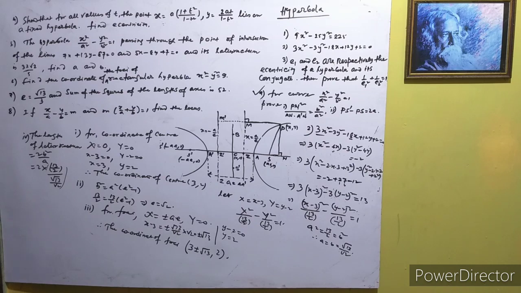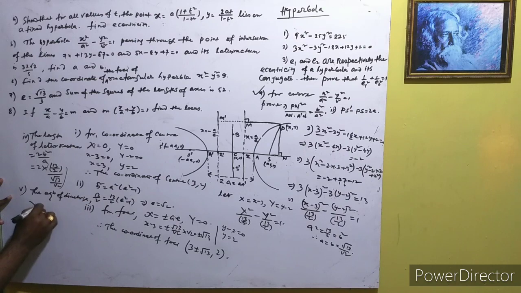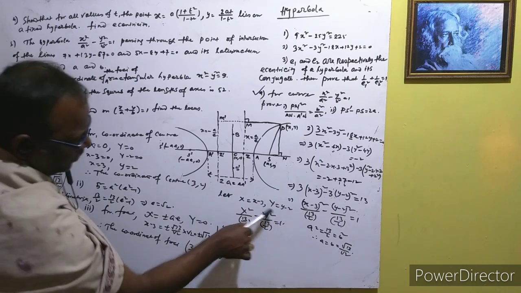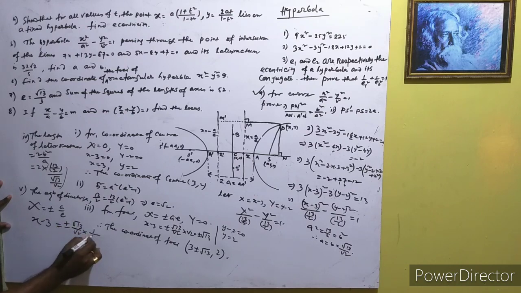Okay, that's all. Then the next point here is the equation of directrix. X is equal to plus minus a by e. X means x minus 3, this is equal to plus minus a means root 13 by root 2, and e means root 2.